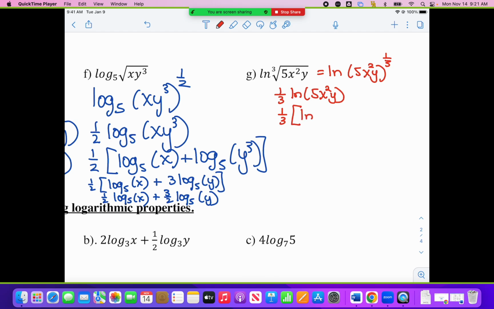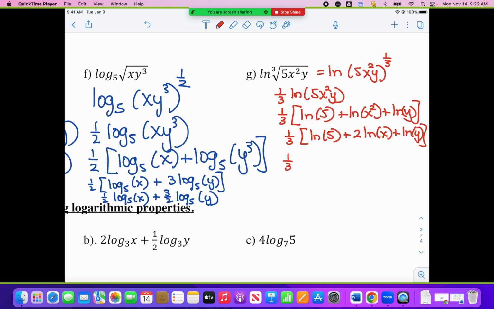But 1/3 is times everything. So I put a bracket. And then I've got a power to take care of. And then I distribute the 1/3.